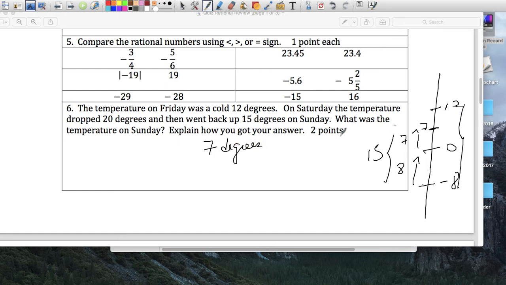Okay? If you want to, let me just do it this way as well. So let's put this 0, 1, 2, 3, 4, 5, 6, 7, 8, 9, 10, 11, 12. So here's 12.